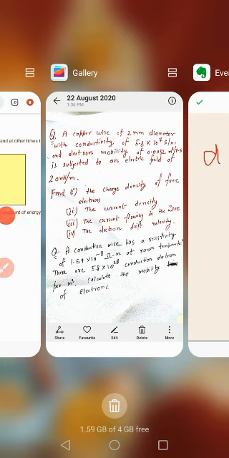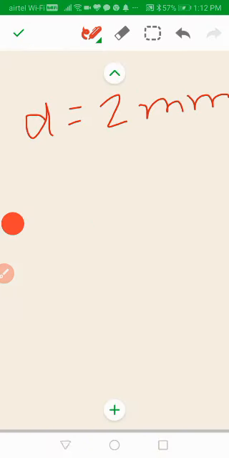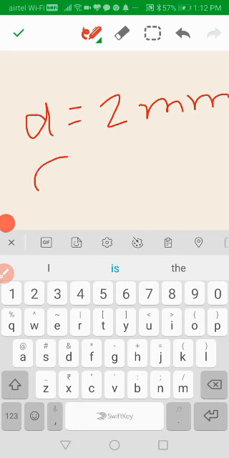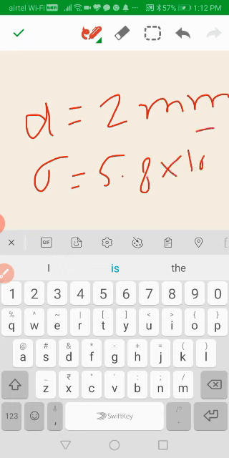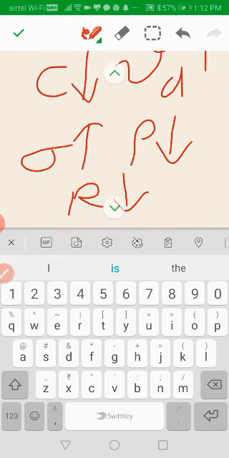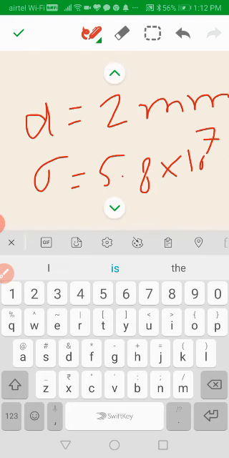The conductivity is 5.8 into 10 raised to the power 7, so sigma is 5.8 into 10 raised to the power 7 Siemens per meter. Actually this is in meters, so you can change it.